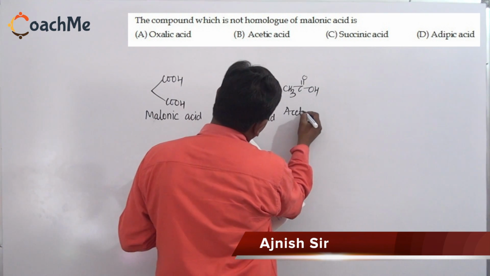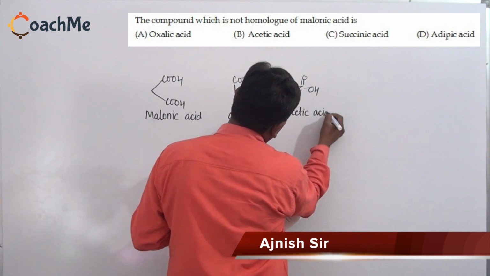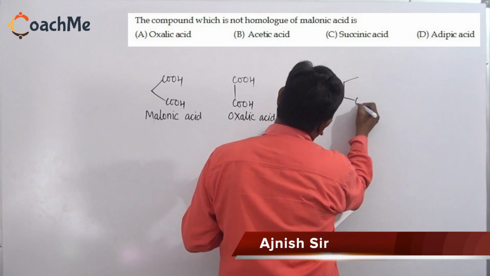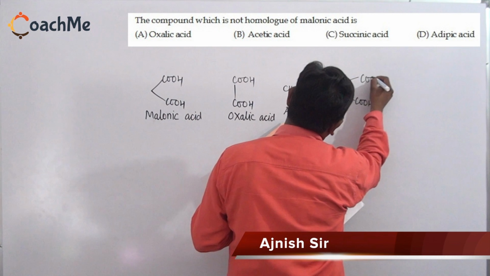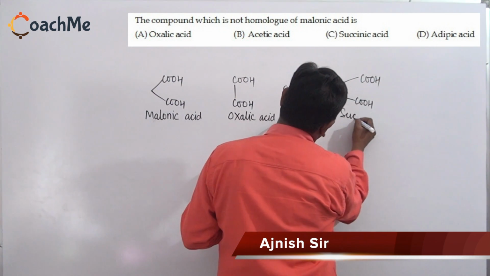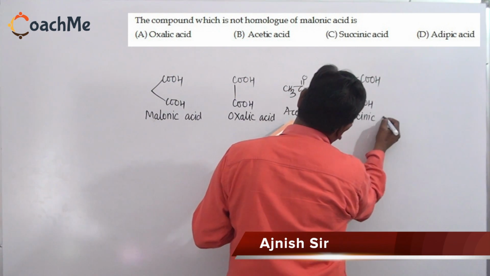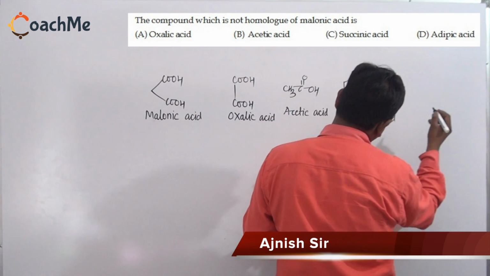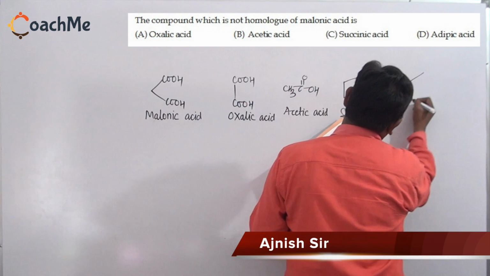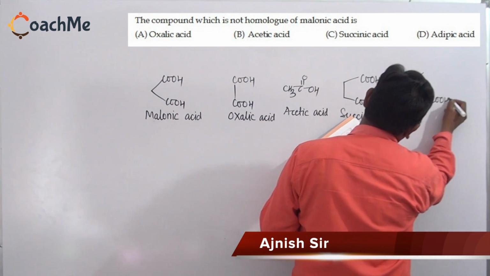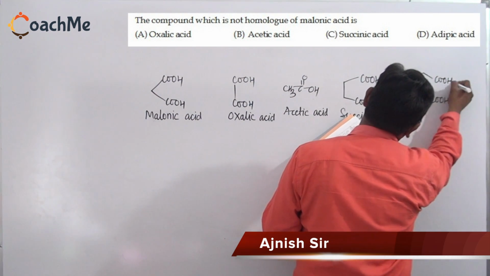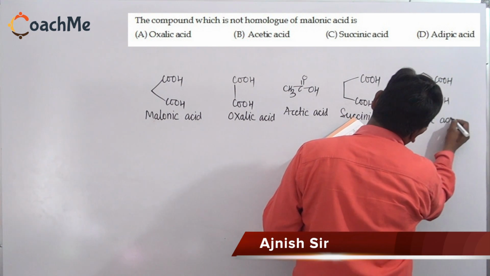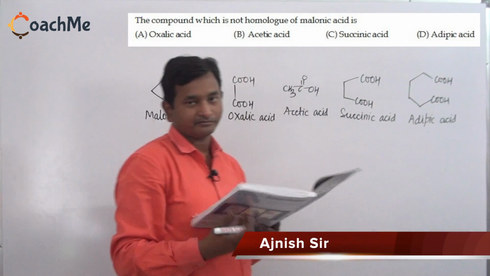This is called acetic acid. Third, succinic acid. Succinic acid will be like this. This is called succinic acid. And last, adipic acid. Adipic acid will contain 6 carbon with dicarboxylic acid, and this is adipic acid.